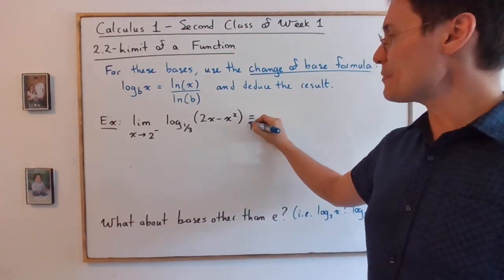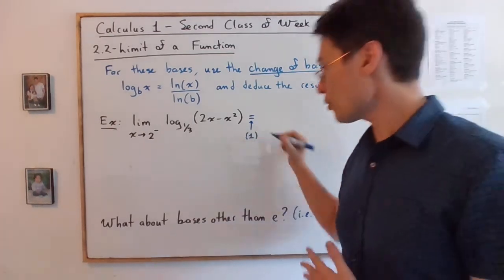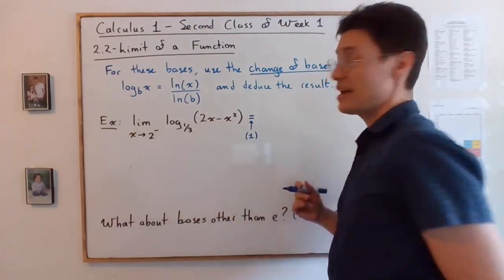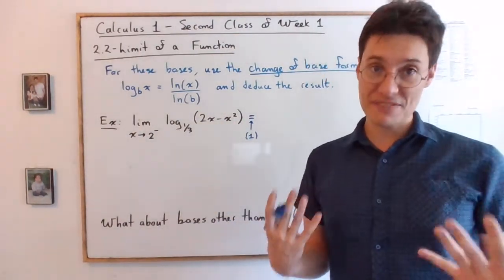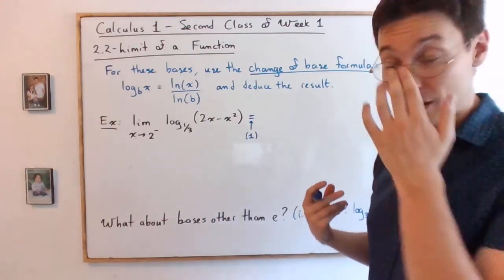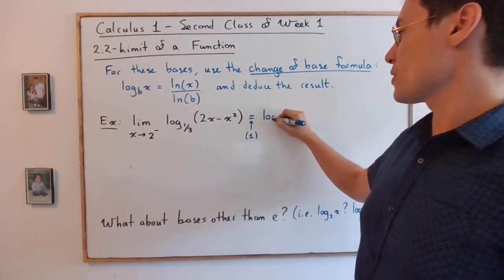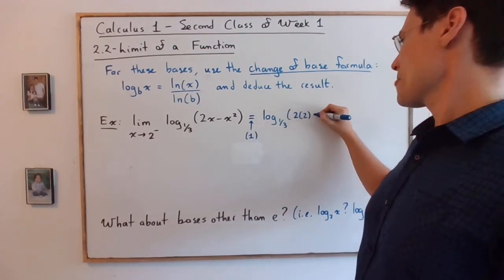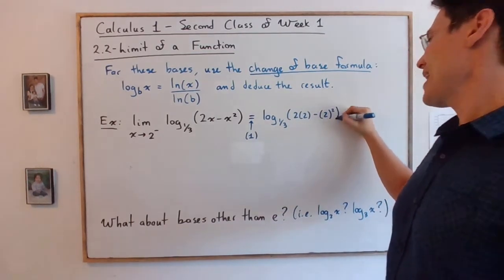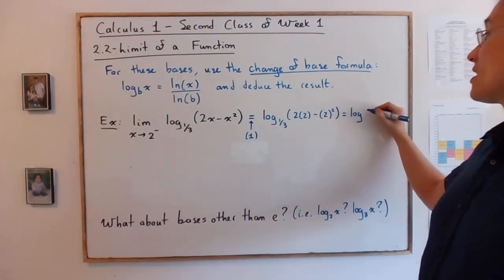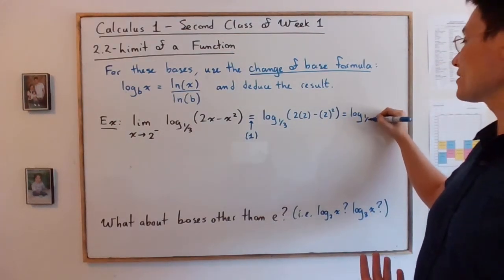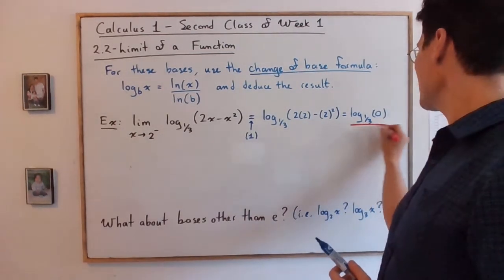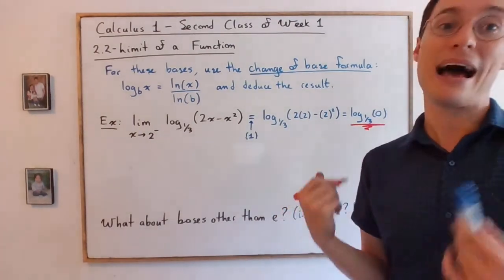Step number 1: we replace every x by 2, and if we get a logarithm of 0, it means we have a vertical asymptote there. So we replace: log base 1/3 of 2 times 2 minus 2 squared, and this indeed gives us log base 1/3 of 0.